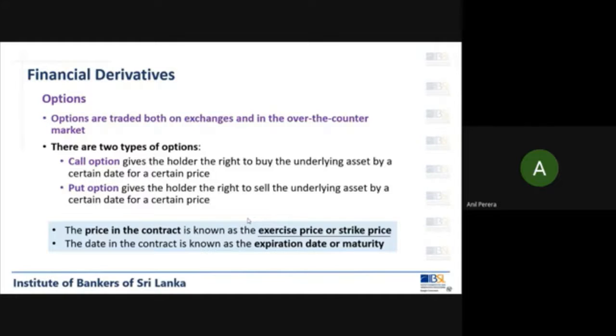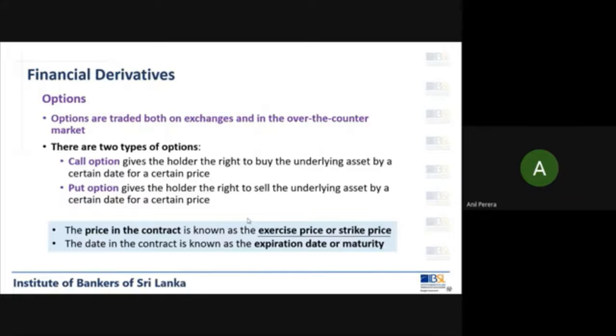So the holder of the call option has the ability to buy this asset at a certain date at a certain price. The price we use for this matter is referred to as the exercise price. In other words, this is the contracted price.